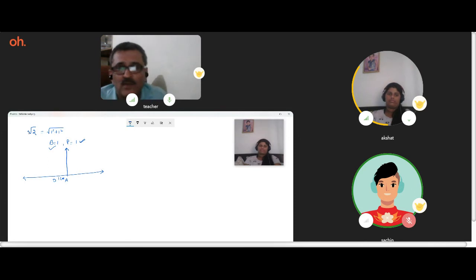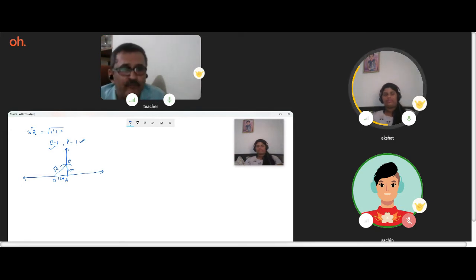Now take 1 centimeter in the compass and with A as a center, mark an arc. Mark the point of intersection as B. Join O with B. How much is AB? AB is 1 centimeter, right? So this means OB is equal to root 2.